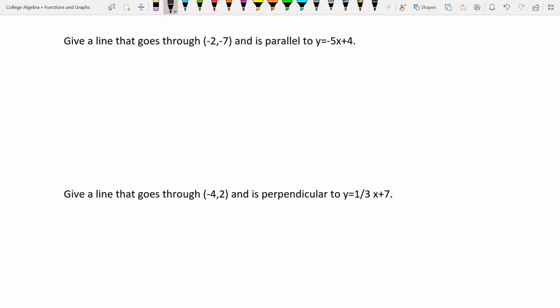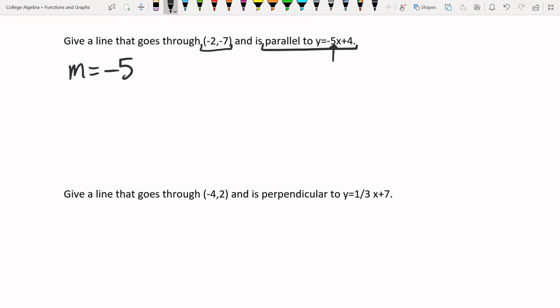Here we have a point, and we have it is parallel to this line. Well, we need the slope, and if it's parallel to another line, that means it has the same slope as that line, meaning our slope for our line here is -5. This is the exact same slope.